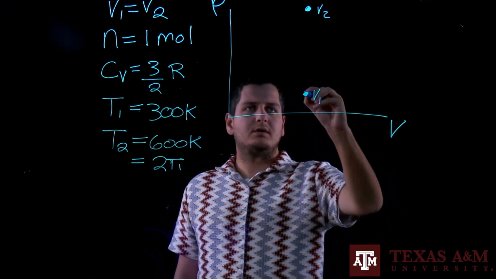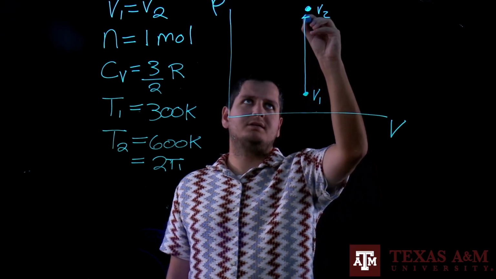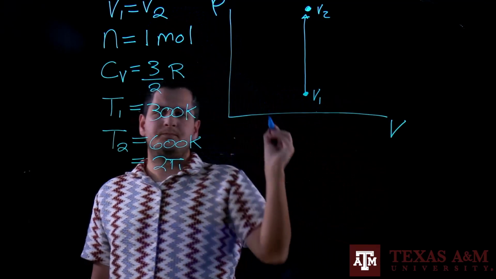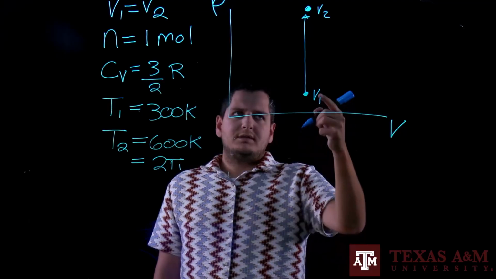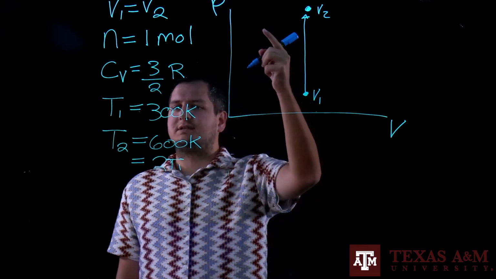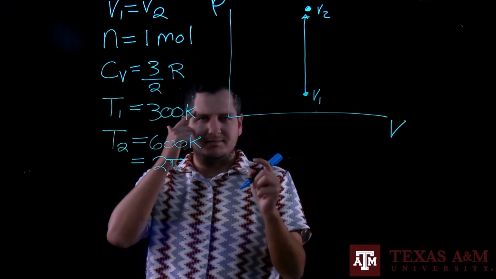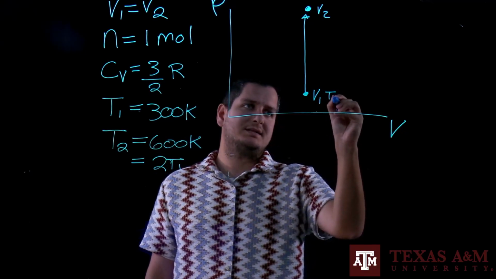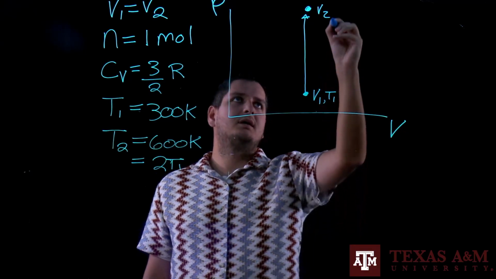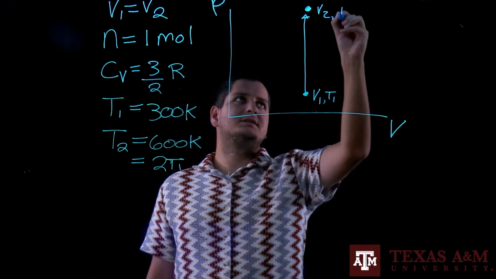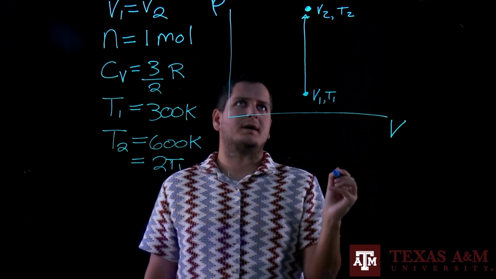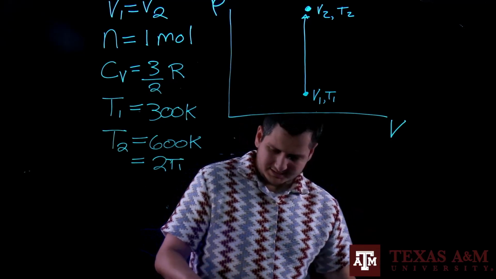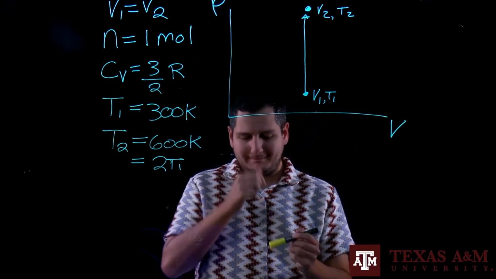How do I know pressure is going up? So volume didn't change, so delta V is 0. How do I know that the pressure increased, right? Just think about it. I start at a low temperature, so here I'm at T1, and then here I go up to T2, okay? Remember on the PV diagram, this is something good to keep in mind in general.